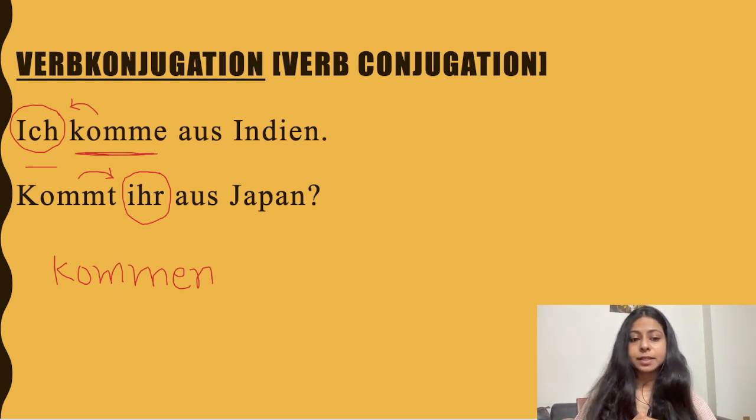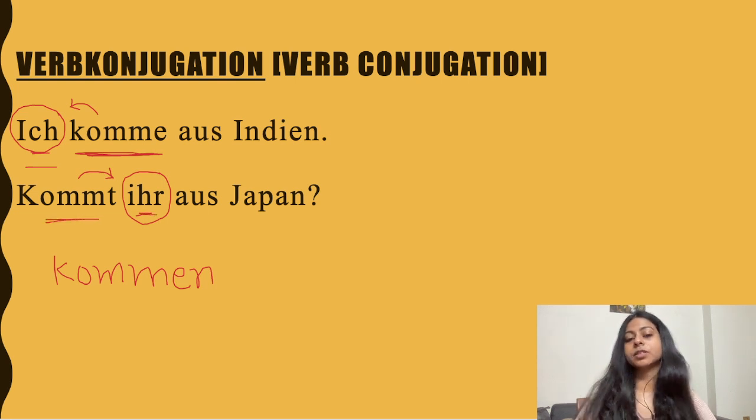Now in the first sentence, it's ich, and in the second sentence, it's ihr. So we have learned personal pronouns in our previous video, and the verb is conjugated as per the subject, which is ich, komme, and ihr, kommt.